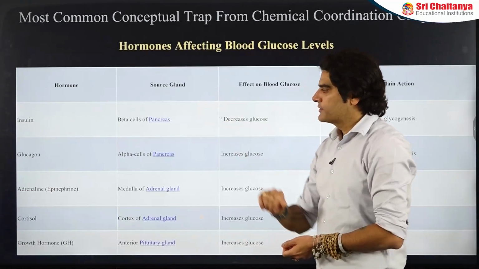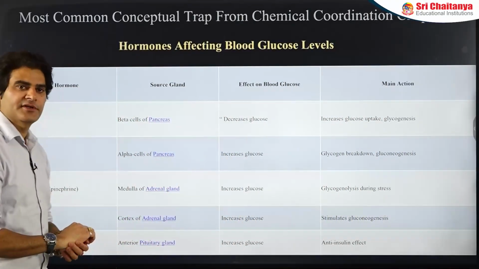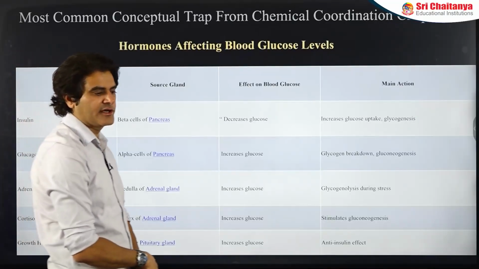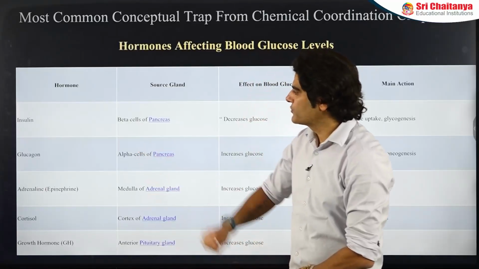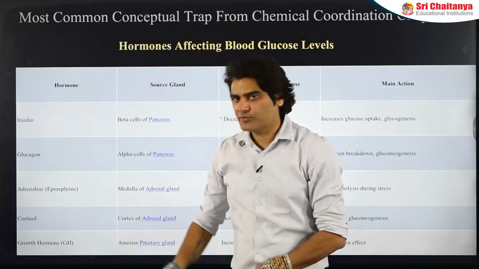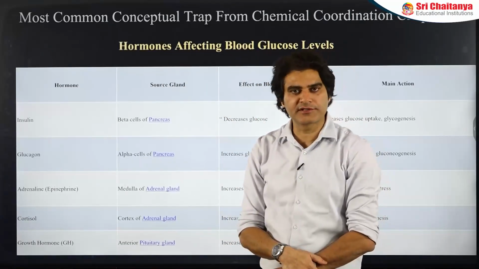A very common conceptual trap, I would like you to focus on this table over here, because there are a lot of questions that come from glucose metabolism in the body, and there are a lot of glands that control glucose metabolism. So if we look at this here: insulin, glucagon, adrenaline, cortisol, growth hormone, there are 5 hormones in the body that affect glucose metabolism.